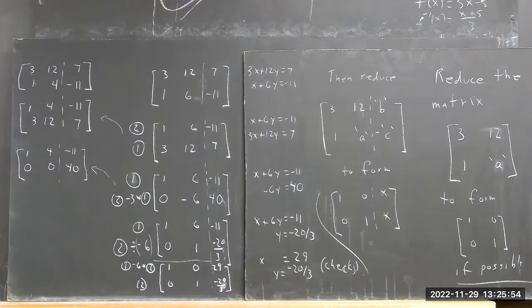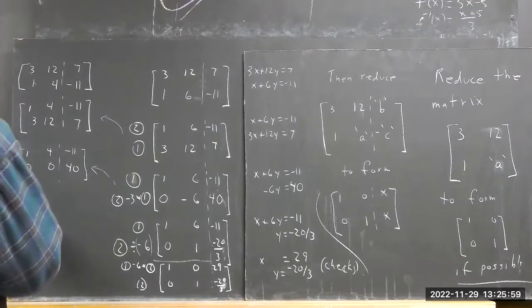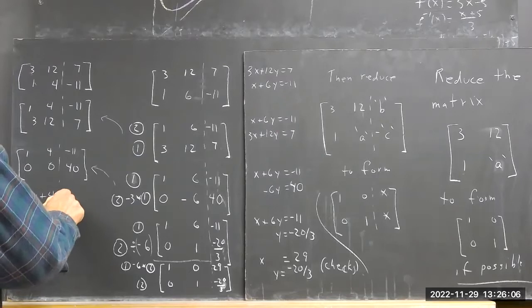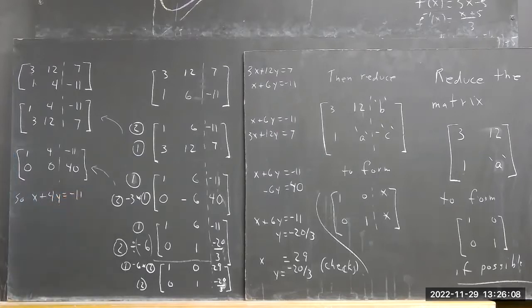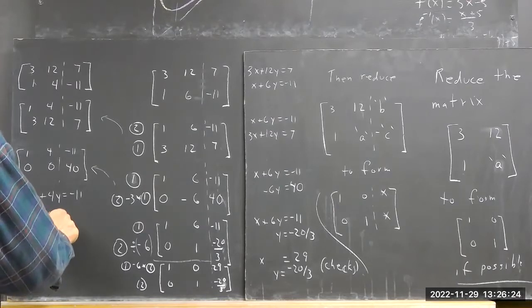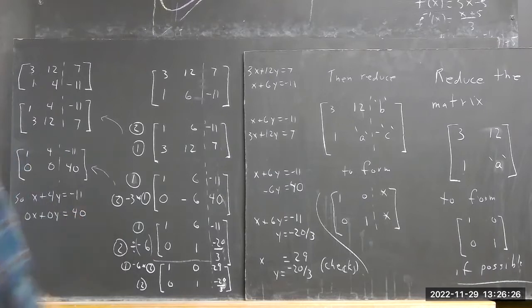What's wrong with this? Well, there's really nothing wrong with it. What this tells us is, first of all, that x plus 4y is negative 11. And it tells us that 0x plus 0y equals 40.